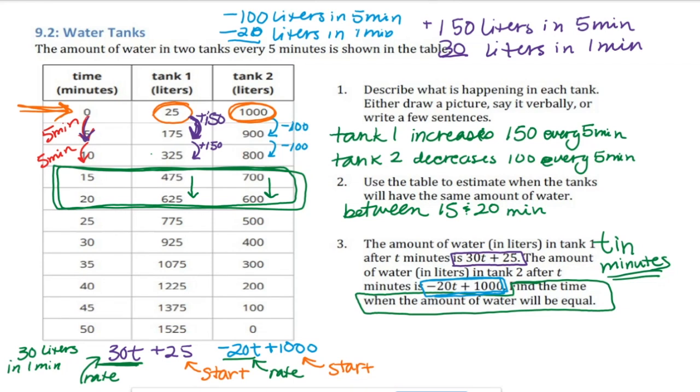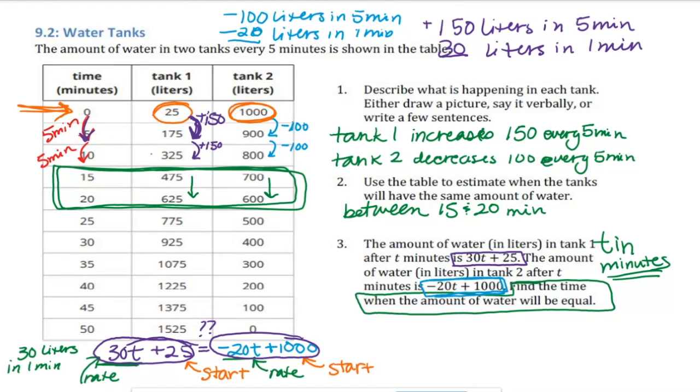All right. So now let's actually look at what they're asking us to do. They're asking us to find the time when the amount of water will be equal. So I want to know when the amount of water in tank A is equal to the amount of water in tank B. So we're just going to solve the equation.